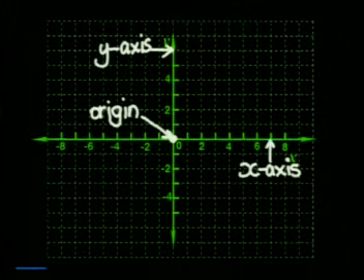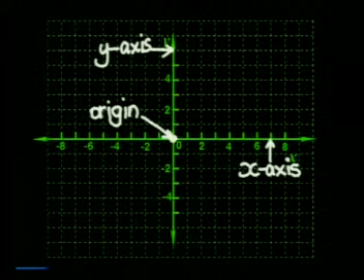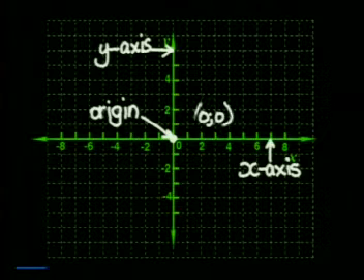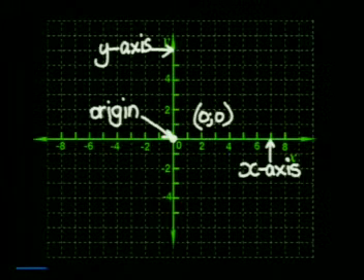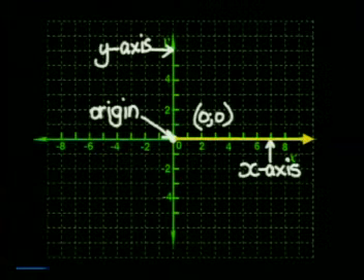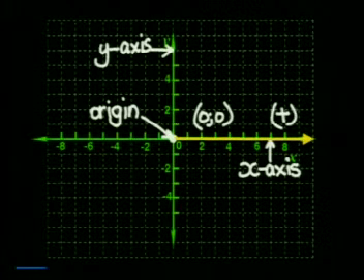Now, what are the coordinates of the origin? Coordinates are the paired numbers that give the location or position of a point. And the coordinates at the origin are 0, 0. Now, if we were to move this way along the x-axis, what would all the x-axis coordinates have in common? They would be positive.